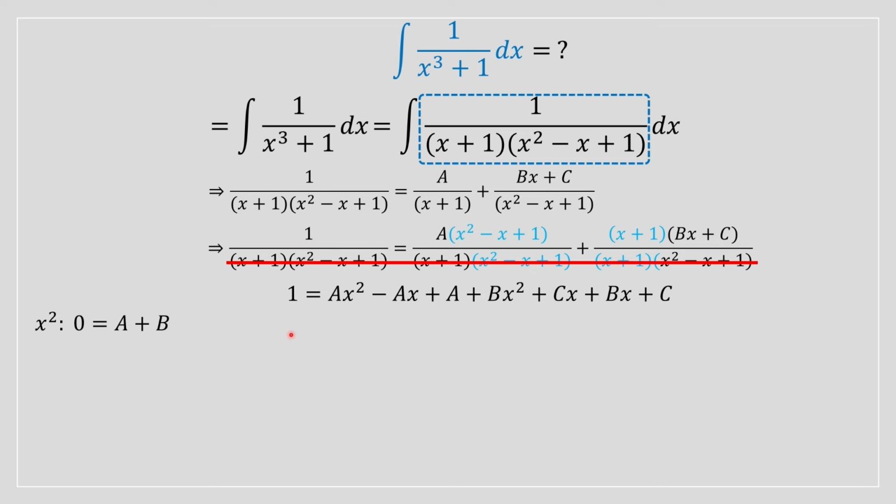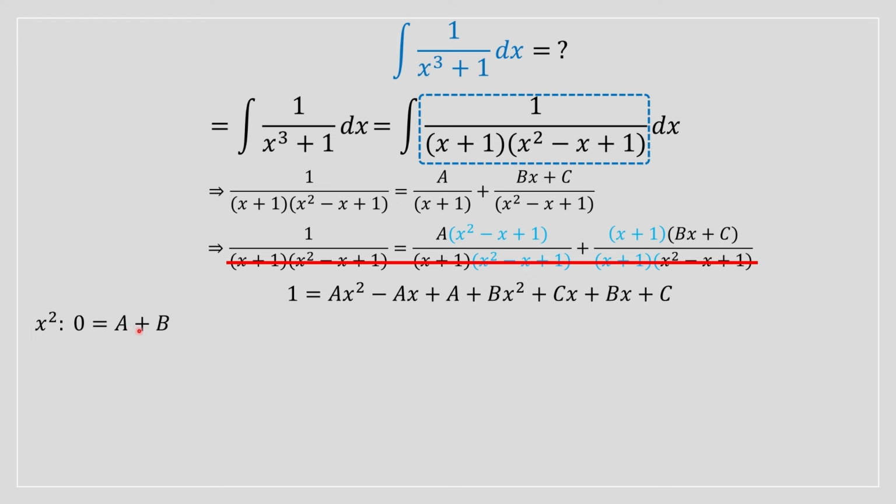So we can break them up in terms of variables that have x squared in them. On the left hand side you have 0, and on the right hand side you have a plus b, because if you look here you have a over here and then you have b that has an x squared coefficient.